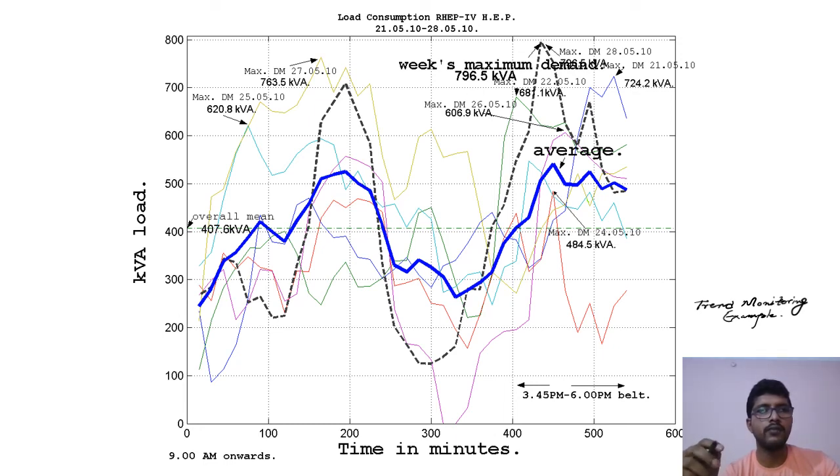There is a section where the curve falls down to 0 kVA. Most likely there was a fault or switching off of the main 11 kV switchgear. So comparison is easier and we can get so much information from trend monitoring.